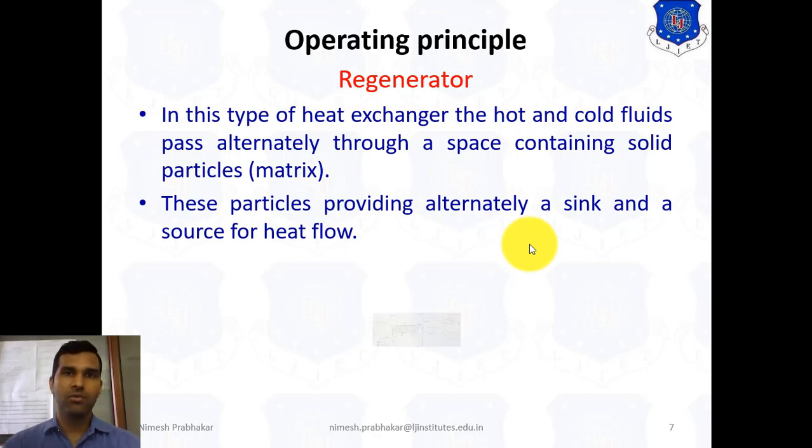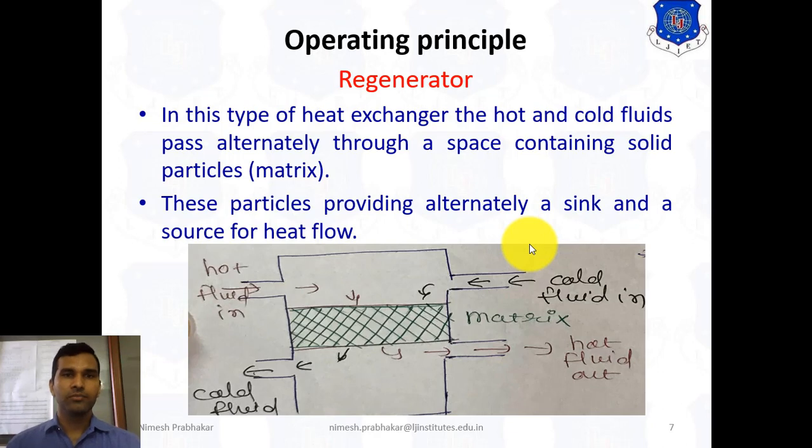Now to understand, here this is a heat exchanger, and the hot fluid comes from this direction and the cold fluid comes in this direction, and this is a matrix, in other words we can call it the solid particles. Now how does this heat exchanger work?